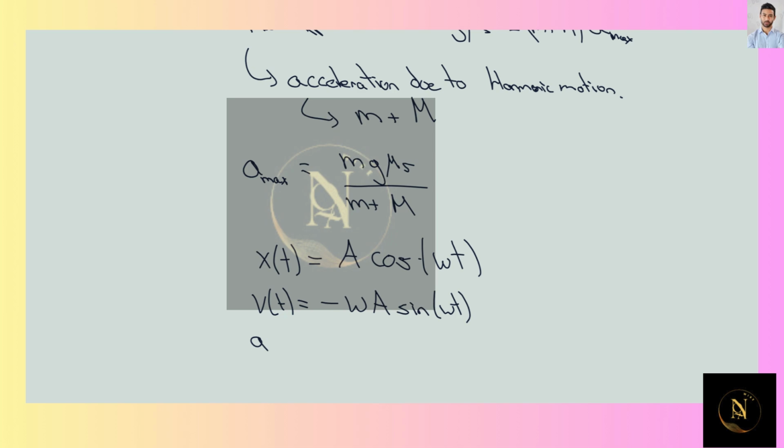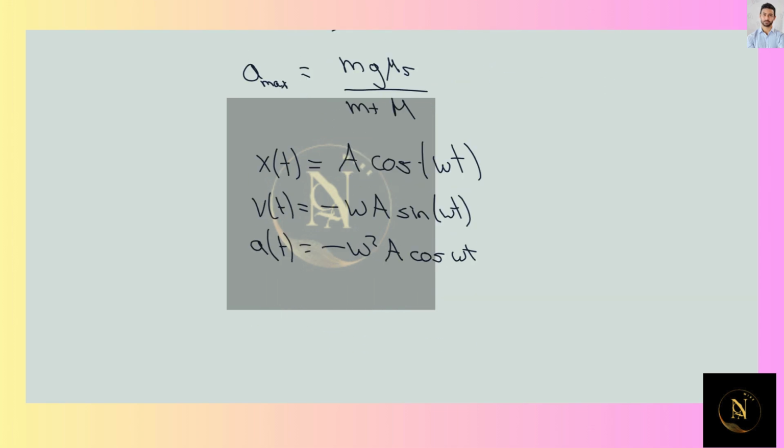The acceleration as a function of time is minus omega squared A times cosine of omega t. Here, the maximum acceleration is given by omega squared times the amplitude of the motion.